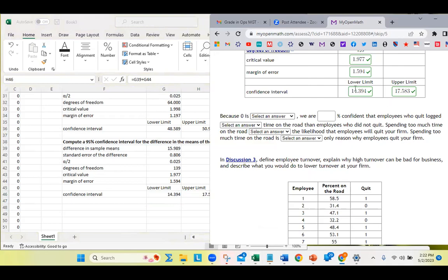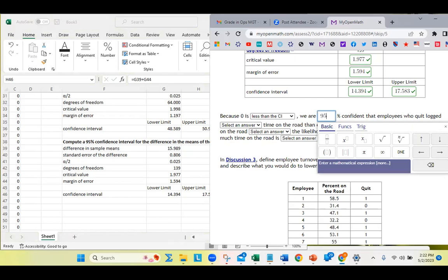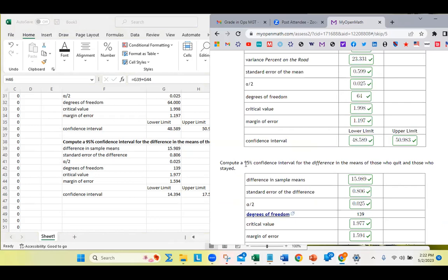Now, we're looking at this confidence interval here, right? Because zero is less than the confidence interval. Zero is less than both of these, right? We are 95% confident. Now, you're not going to say 95% confident, right? You're going to say what? 99.